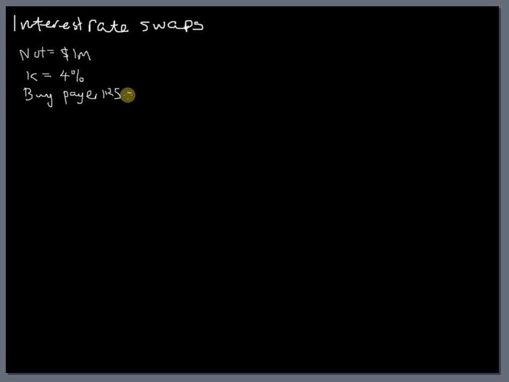So this implies that we are paying the fixed rate, which means that we'll be receiving float from the other counterparty. So let's assume that we have 2 more years left to maturity, and it's a semi-annual payment.